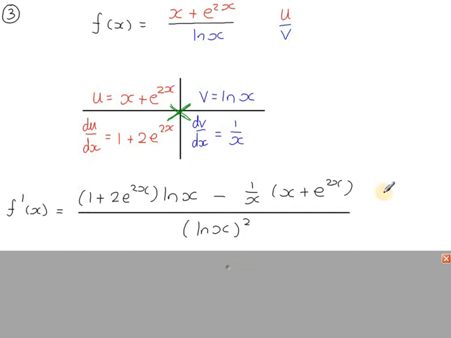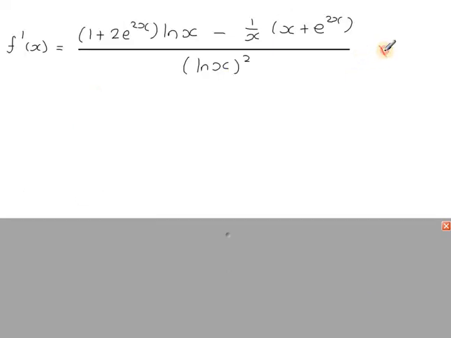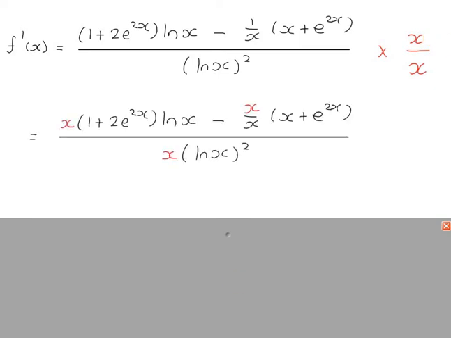Now this is the derivative. I'm using function notation. We can simplify. Sometimes we don't want a fraction within a fraction. So for something like this, we could multiply the numerator and denominator by x, like this. And x over x is equal to 1, so I've multiplied my derivative by 1, so I've not changed anything. So I'll get this.